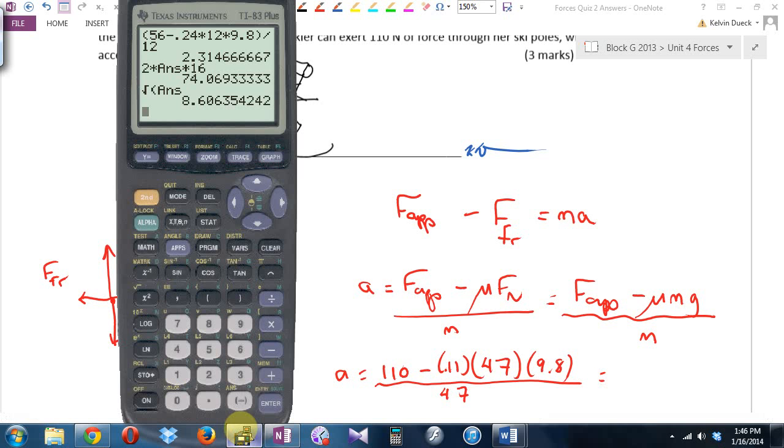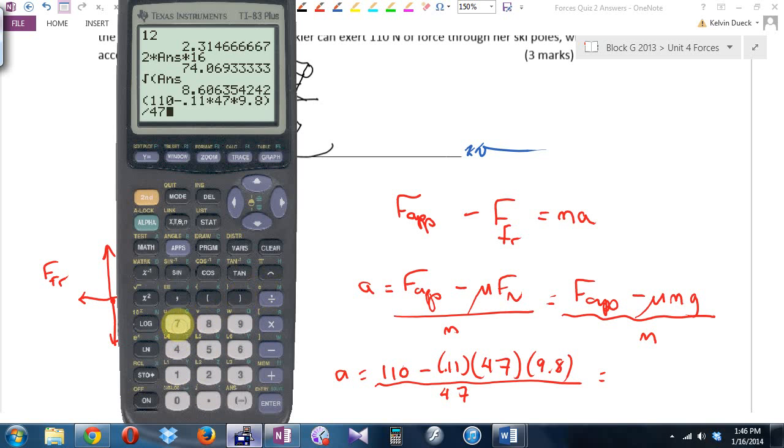I'm hoping they get 110 minus 0.11 times 47 times 9.8 divided by 47. Do you get an acceleration of 1.2624?